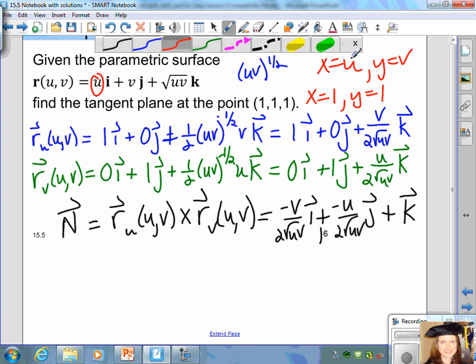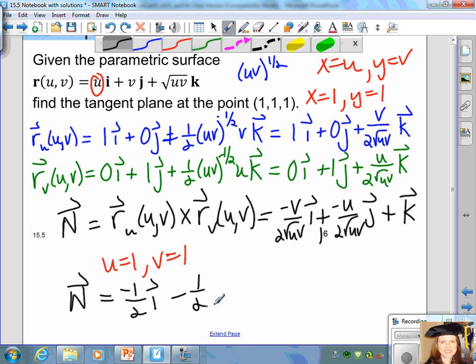So that means we're going to let u equal 1 and v equal 1 to find the normal vector at the point (1, 1, 1). That normal vector, when you plug in 1 for u and 1 for v, is going to be negative 1 over 2 i minus 1 over 2 j plus k.